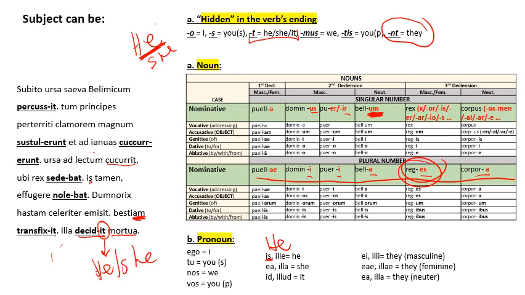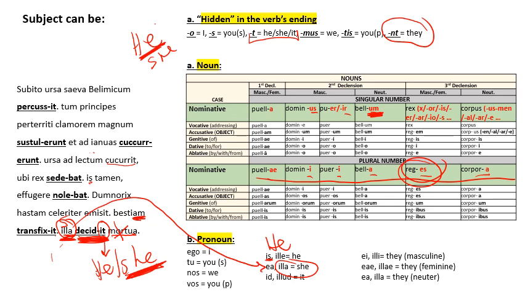Mortua is not a noun, so it cannot be a subject. Illa is a pronoun, and it means she. So there you go, I have it, she. It's the Latin way of saying she. She fell, decidit. That's a perfect subject.